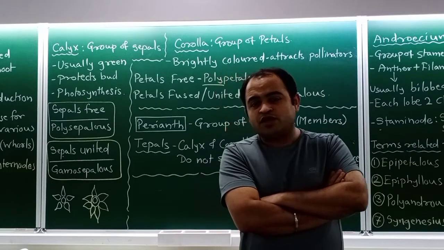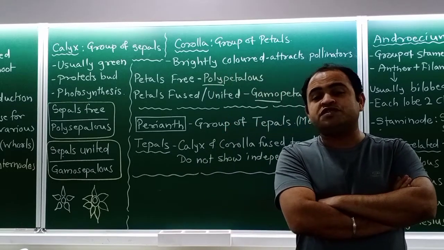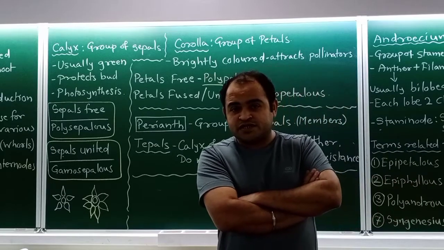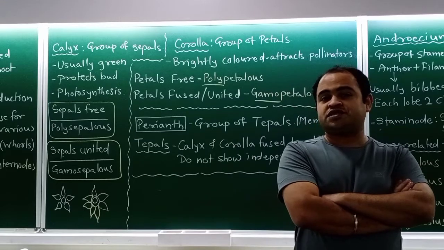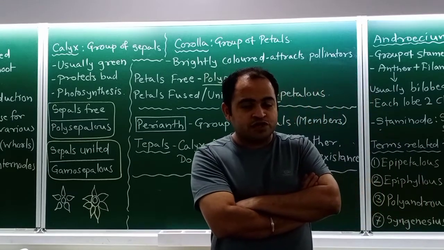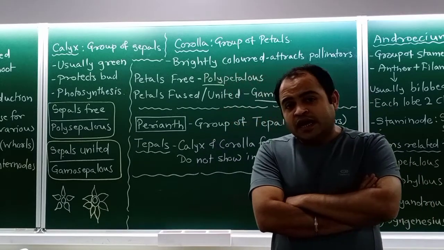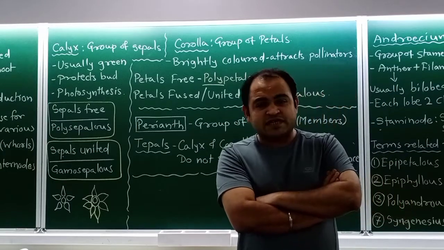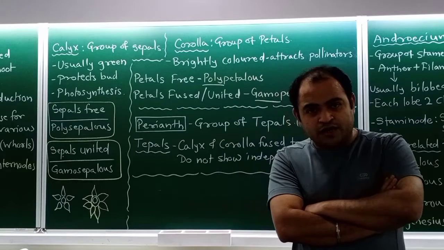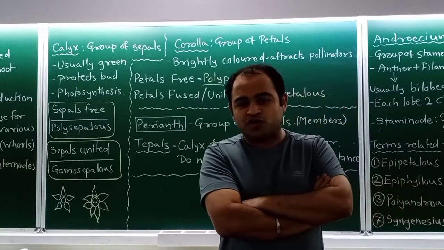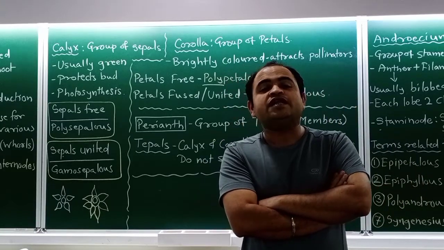So petaloid sepal: you have seen the sepal structure usually, which is green in color. In some cases, it becomes highly attractive by showing some beautiful coloration. It is possible. In the reverse case, petals, which are usually colorful, actually show green coloration.